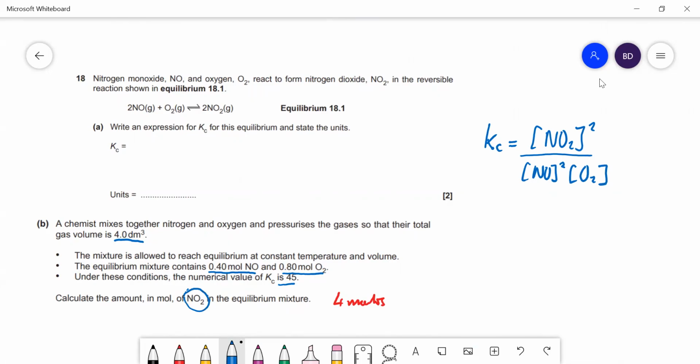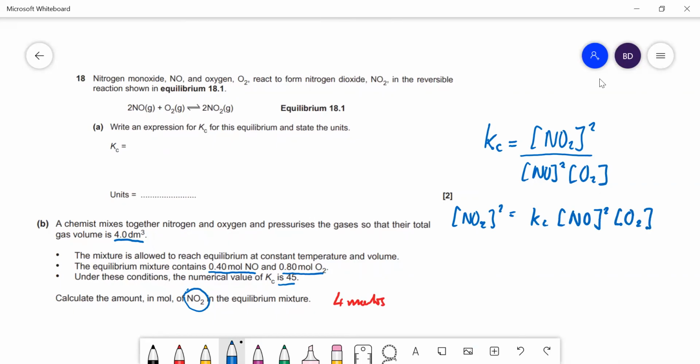Right, so first of all, I'm going to rearrange this equation, because we're interested in the moles of NO2, so we want the concentration of NO2. So the concentration of NO2 squared is going to be equal to Kc multiplied by the concentration of NO squared multiplied by the concentration of oxygen.